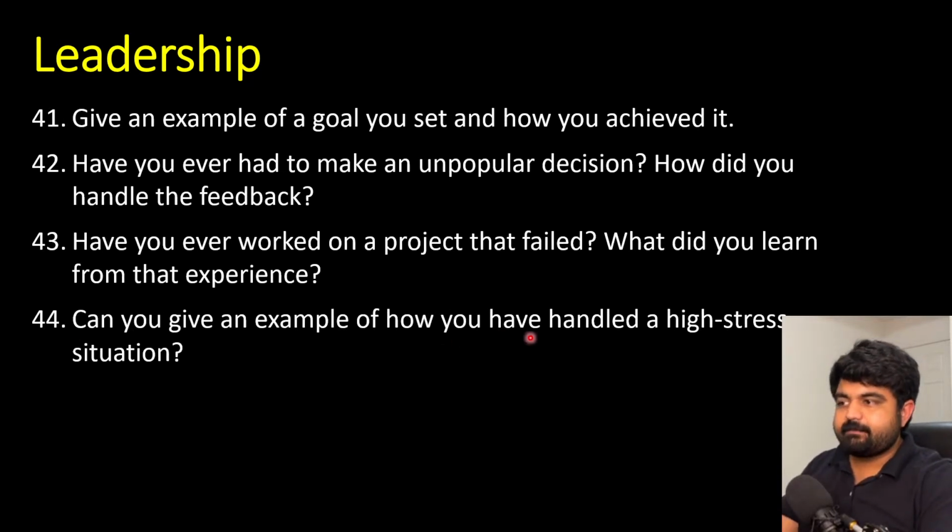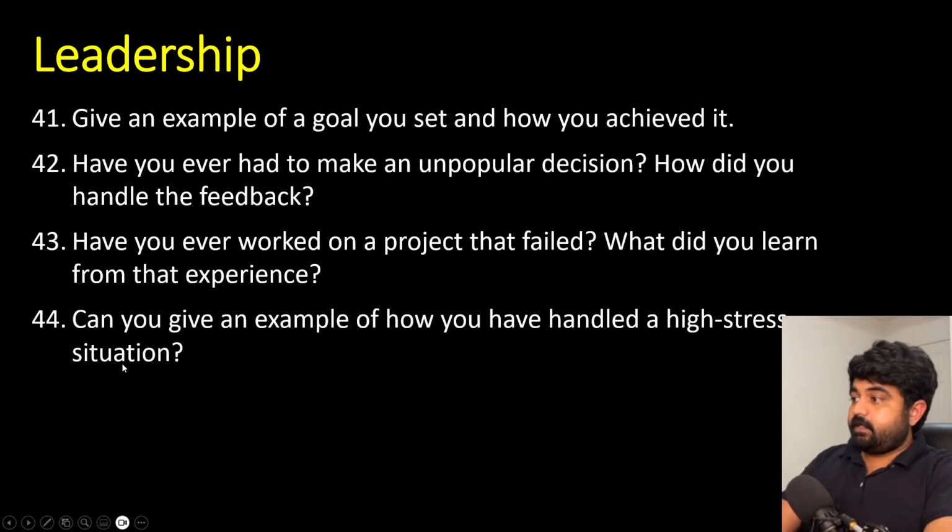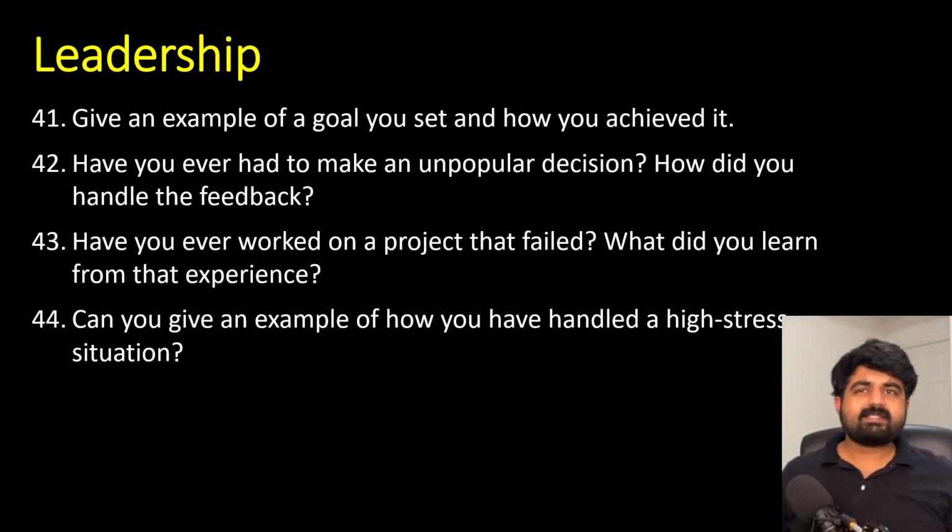Can you give an example of how you handle a high stress situation? I think you can say that you try to remain calm and you try to see the good side and bad side and maintain your composure. And if you had to deal with such a situation, you can give some example, because it's going to be different for every single individual.